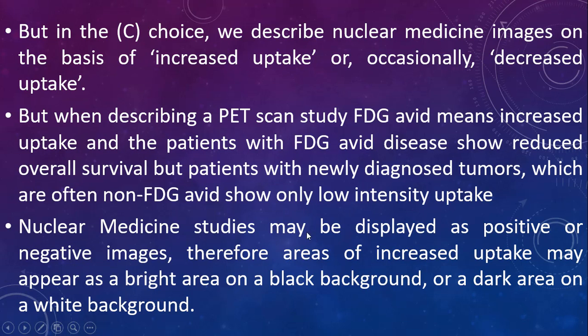Nuclear medicine studies may be displayed as positive or negative images. Therefore, areas of increased uptake may appear as bright areas on a black background or dark areas on a white background.